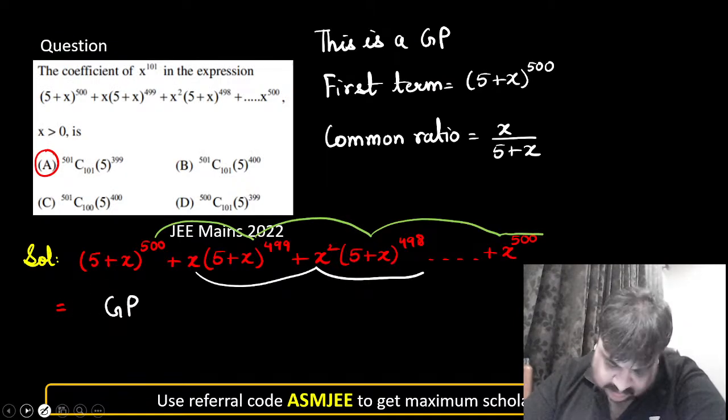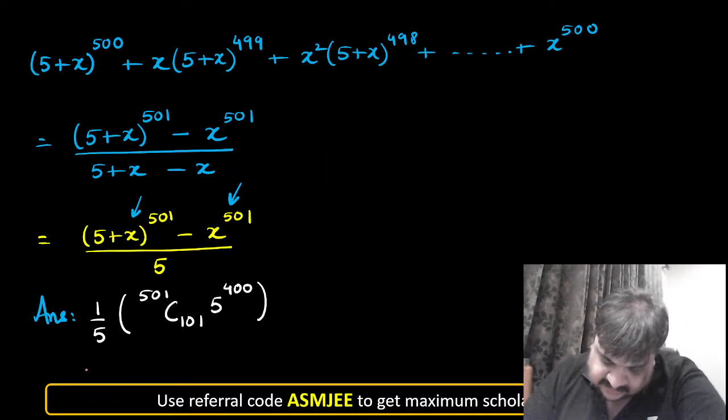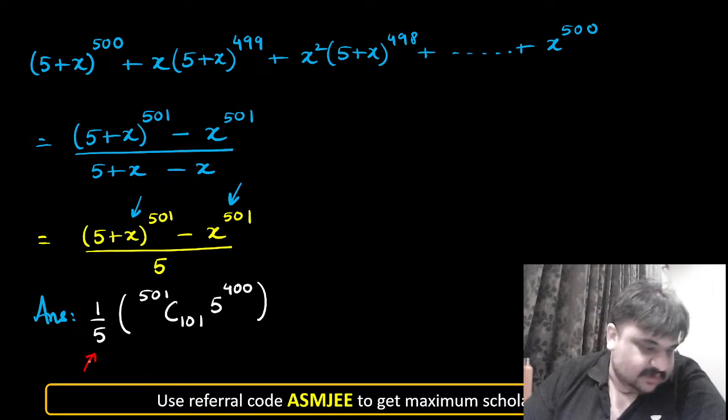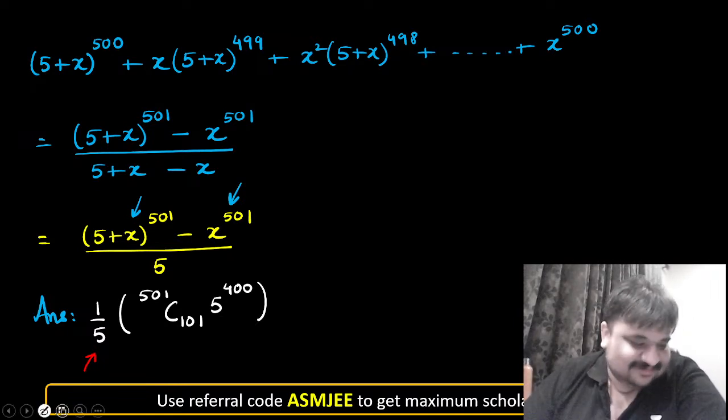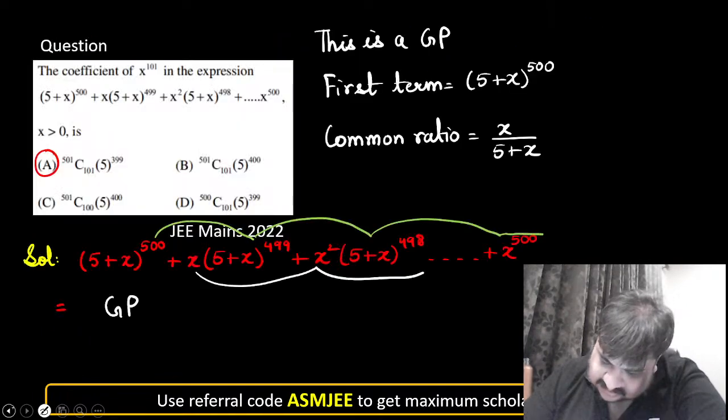B? No, no, 400. There is one, this 5 also, right? D?